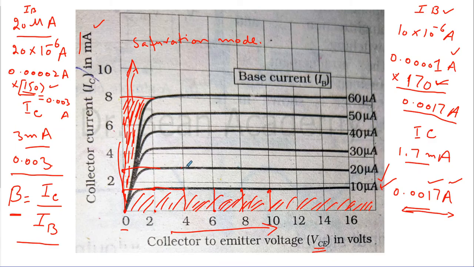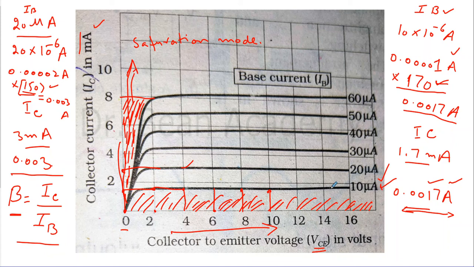That will be the second curve. The second curve is when the base current is fixed at 20 microampere, and once again you see there is no effect. Whatever you change the voltage between the collector and emitter, the current is the same, and of course the current is different this time because the base current is increased.